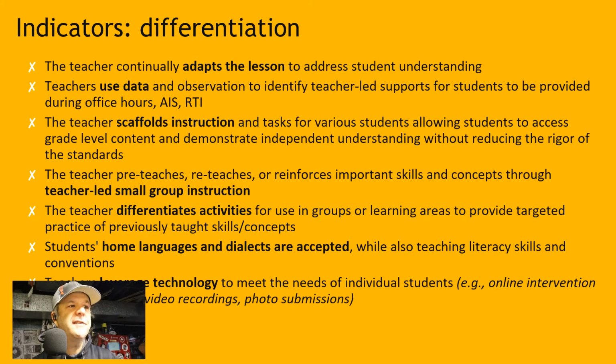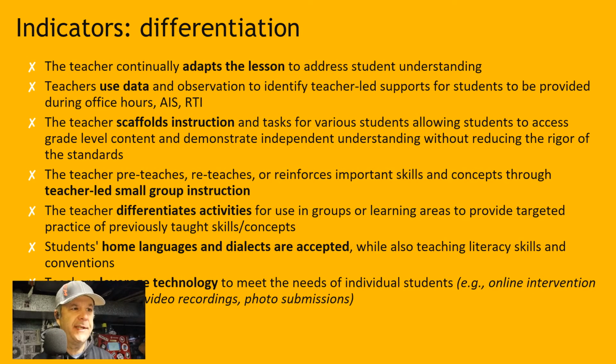So let's look at some indicators. These 7 indicators are what we're looking for in the walkthrough. The first one is: is the teacher continually adapting the lesson to address student understanding? So this is on the fly. This also shows changes that might have happened from yesterday's lessons.